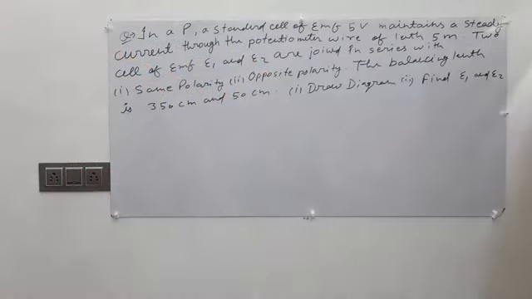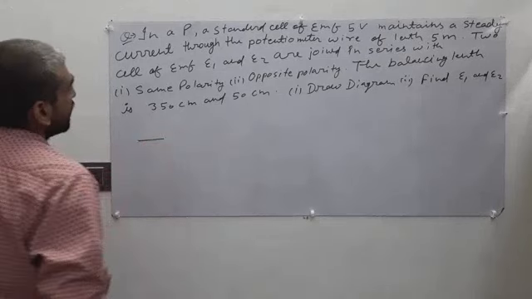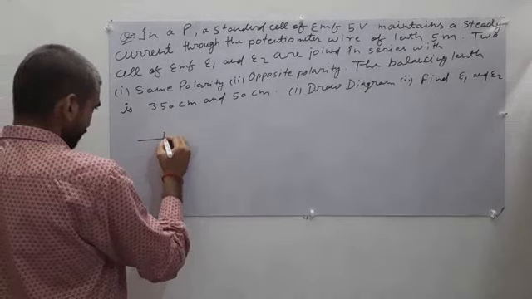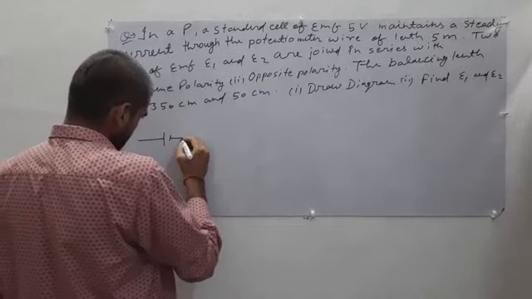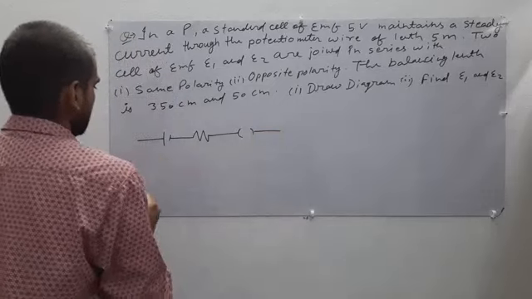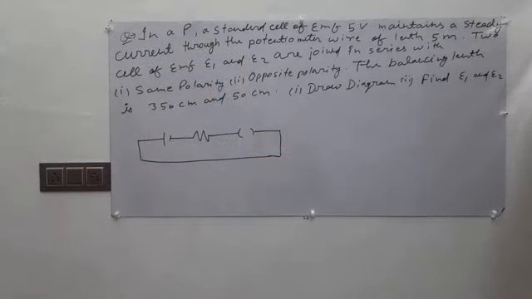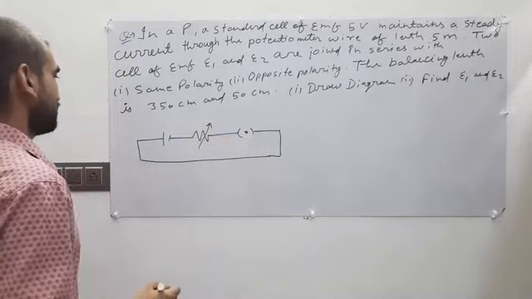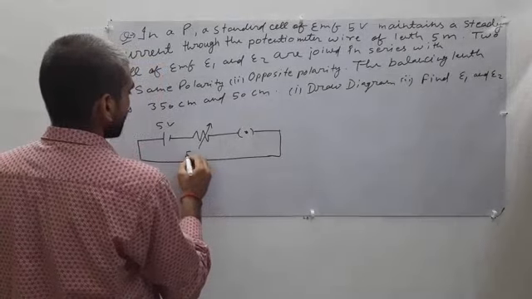So the diagram will be like this. This is a standard cell, this is a wire, this is a key, this is a variable resistance, and this one is 5 volt, and this wire is 5 meter long.